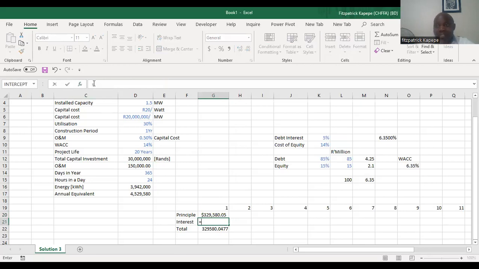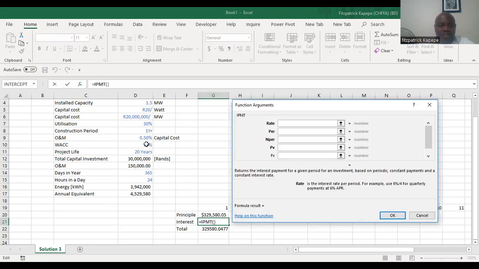Then here on the interest, we'll have IPMT. Bear with me, 14%. The number there is that. The total number of payments is that. The present value is 30 million. So it should give us exactly the 4.5 million. Then we'll do like this.